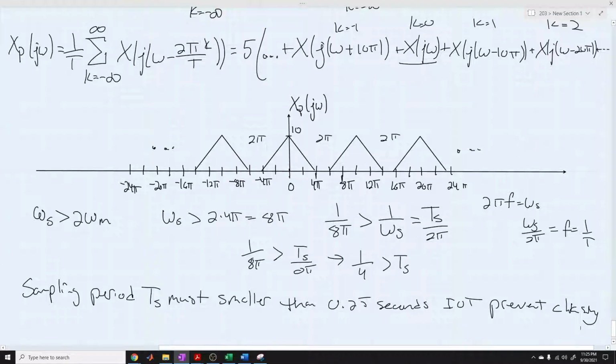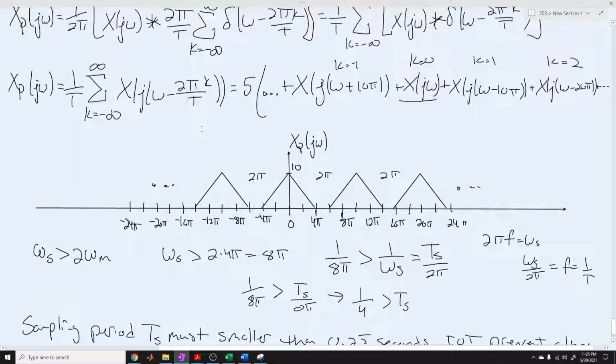And we can see that we don't have much room in here anyway, and this was with our sampling period being 0.2. Obviously, if we increase our sampling period, we have more space between our delta functions, our impulses that are sampling our signal.